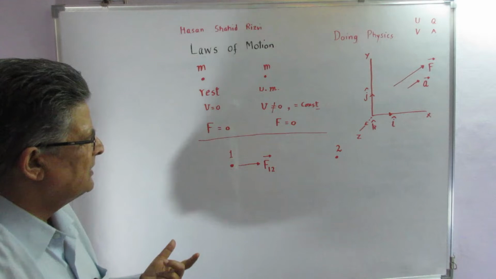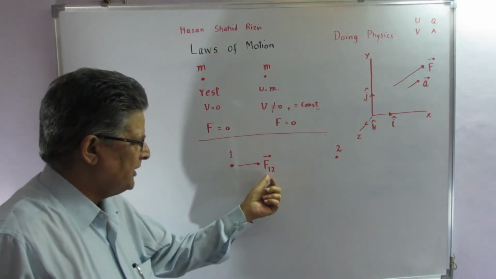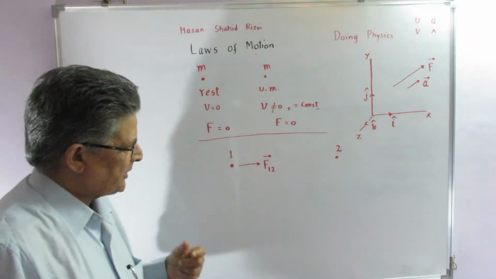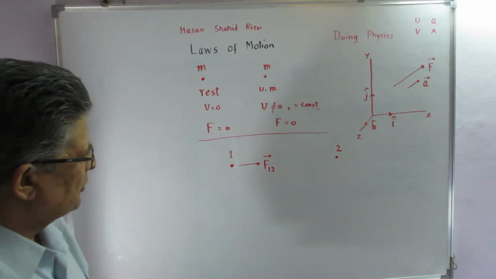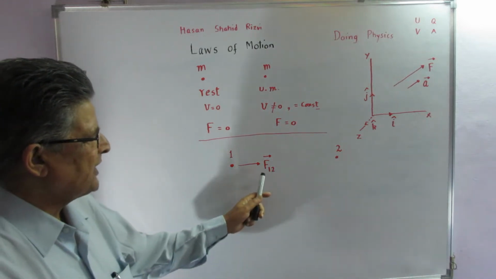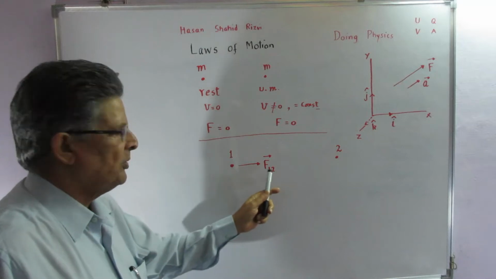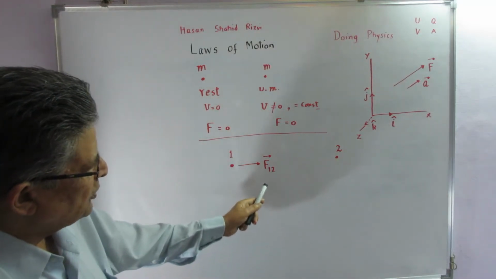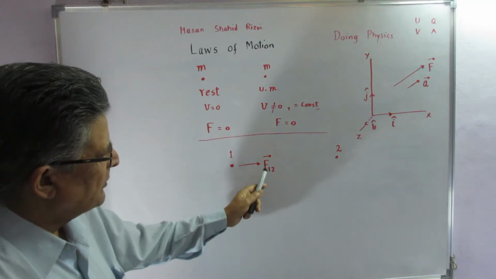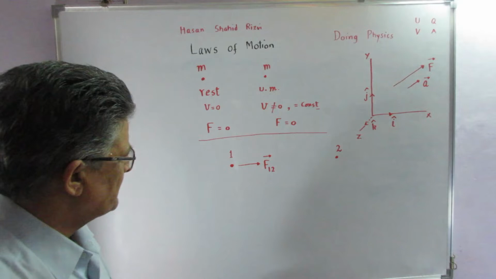Some authors write force by body 2 as 2 and 1. But I will suggest to my students here to understand F12 as the force on body 1 due to body 2. Similarly, R12 means the vector from 1 to 2, etc.